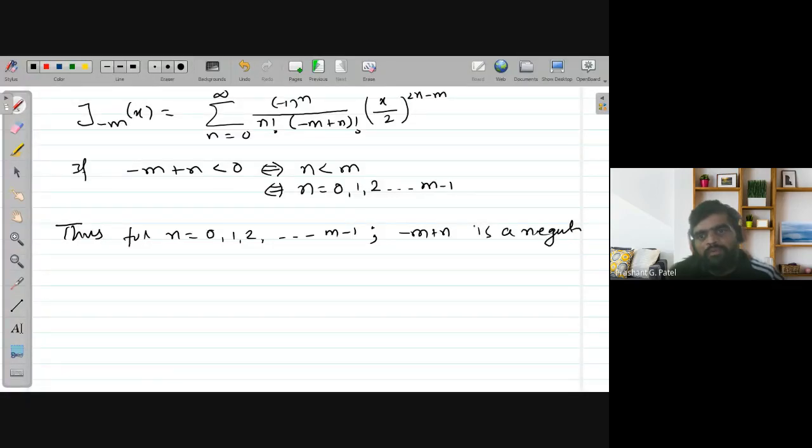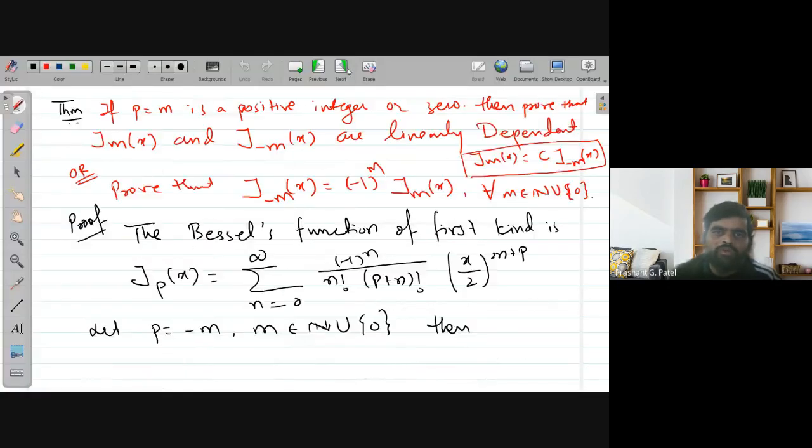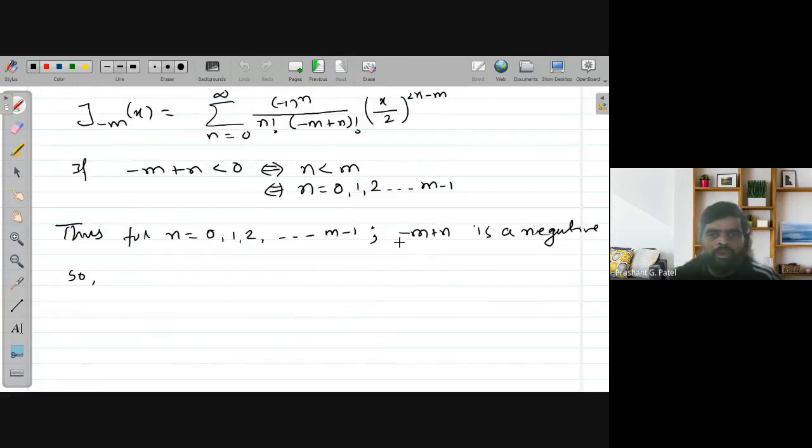So, as per the definition of the gamma function, which we have derived here, 1 upon p factorial, if p is a negative integer, will become 0. Here m is an integer, and n is also an integer because n is running from 0 to infinity.